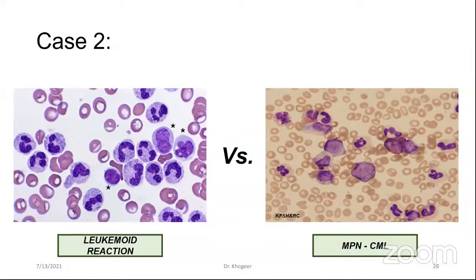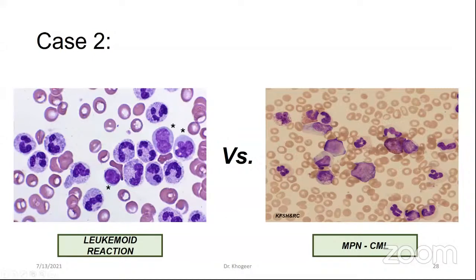In a leukemoid reaction, neutrophils are dominant and usually show toxic changes, toxic granulation and Döhle bodies. While in CML, it shows some left shift with expansion of intermediate-stage myelocytes and metamyelocytes. As we can see here, left shift, some immature myeloid precursors, in addition to basophilia and eosinophilia.